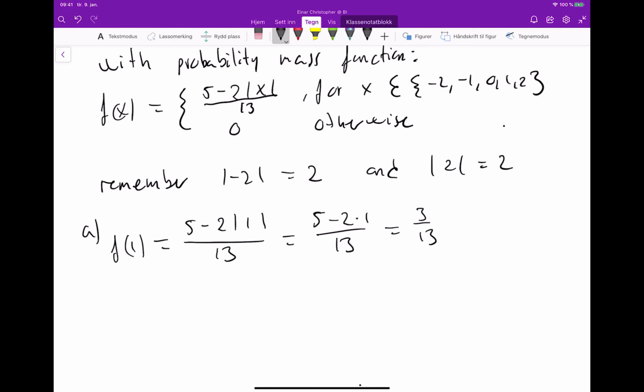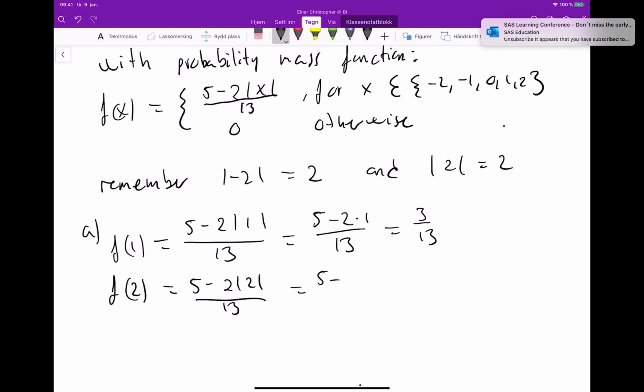And we can do this for all of the possible values in the sample space. So let's say f of 2 is 5 minus 2 times absolute value of 2 divided on 13 is equal 5 minus 4 divided on 13, which is 1 divided on 13.